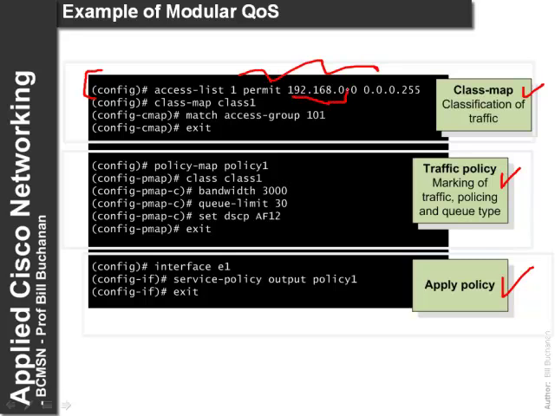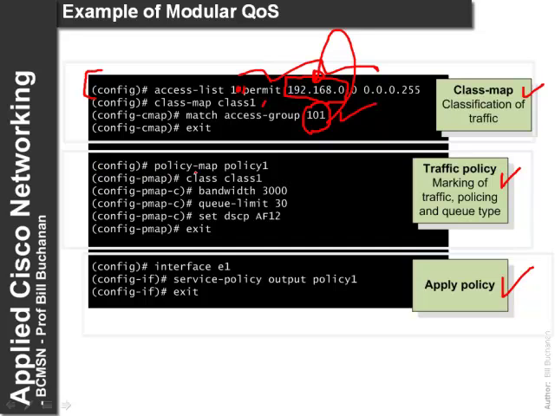Anything from this network will be defined in this case. This should be 101 to match this value here. So we define a class map, class 1, and in this case we say match access group 101, which will match this. Anything with this address is matched with this class map.